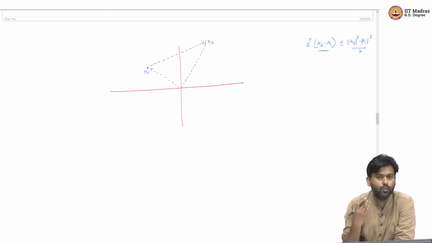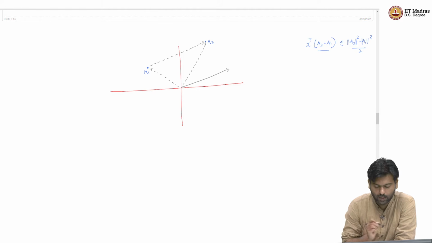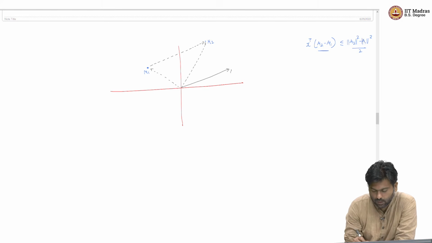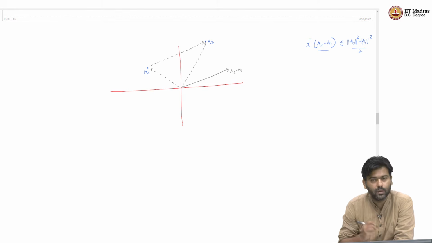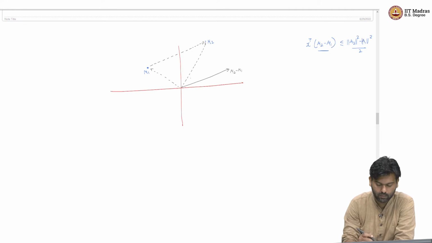That is your mu2 minus mu1. So, the actual vector is from the origin pointing in this direction. That is my mu2 minus mu1 vector. This is where that vector is. Now we know where the set of points are which make a 0 dot product with this vector.